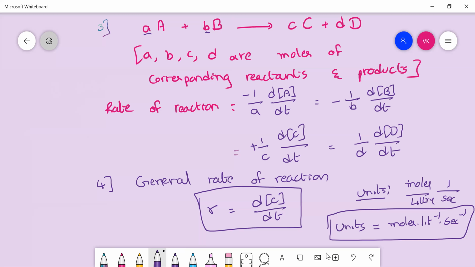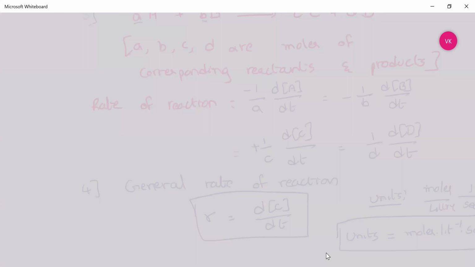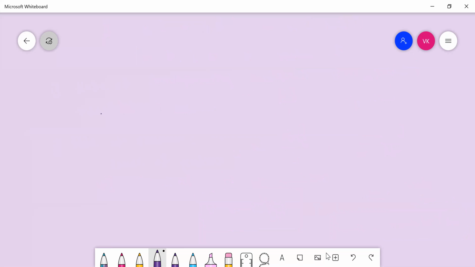So let us write rate of reaction for a few reactions. Okay, let's solve a few problems. First reaction example I'm writing here. Nitrogen gas is reacting with H2 gas, forming an equilibrium reaction, that is, ammonia gas is formed.